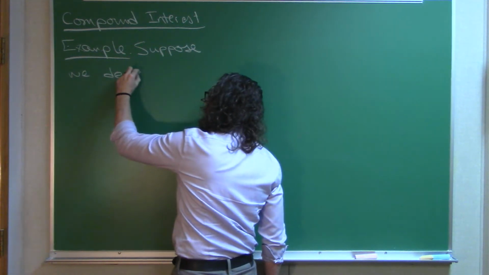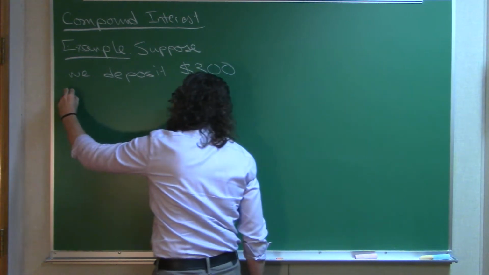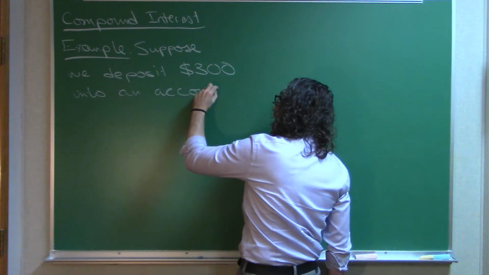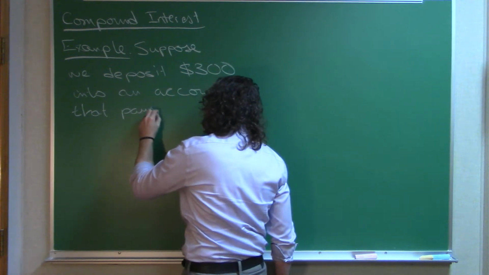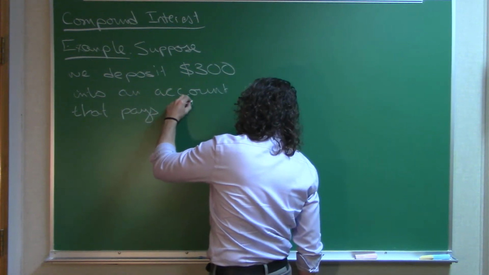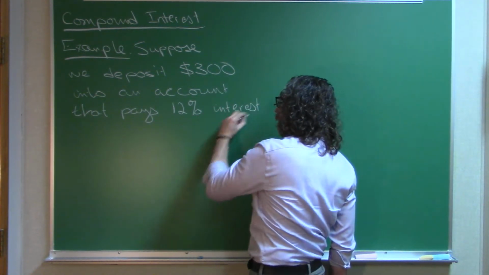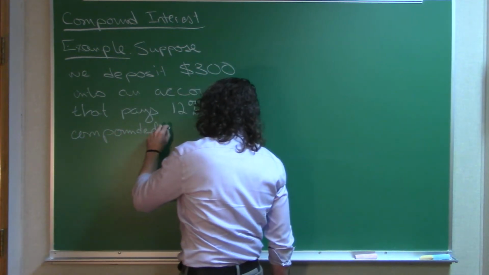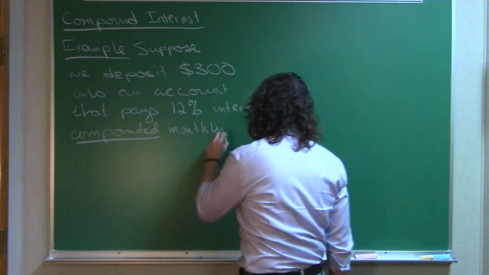So suppose we deposit $300 into an account that pays, let's do this, in this example, 12% interest, compounded monthly.